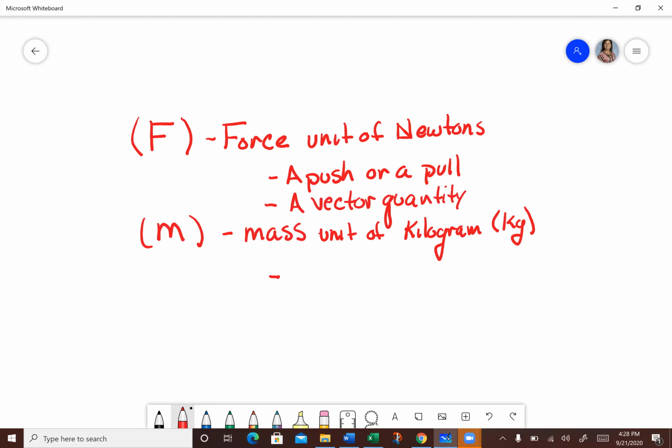Basically, mass is the amount of matter making up an object.